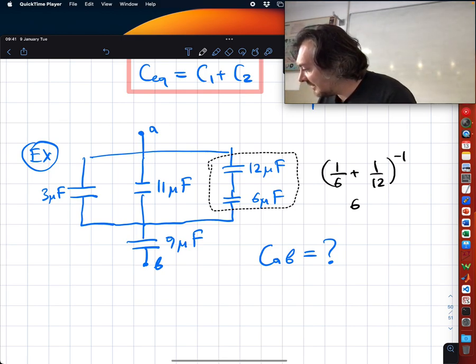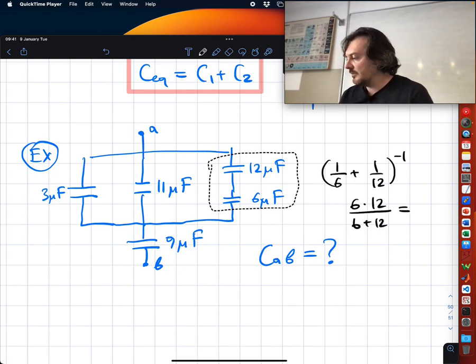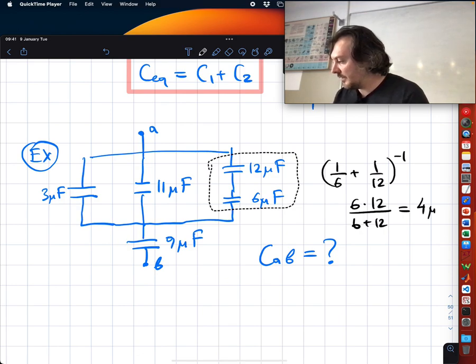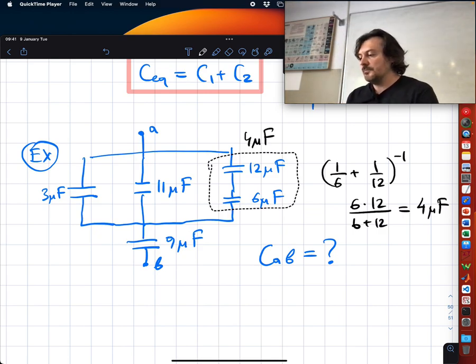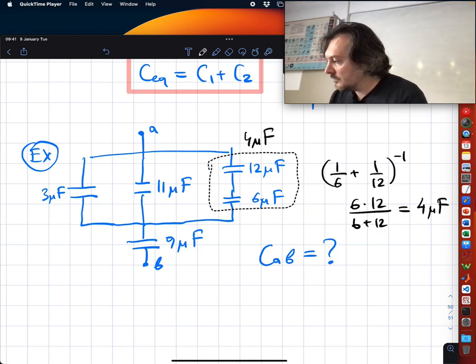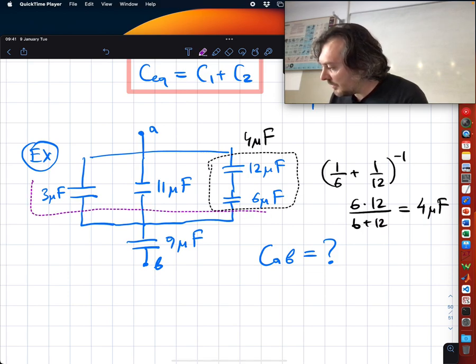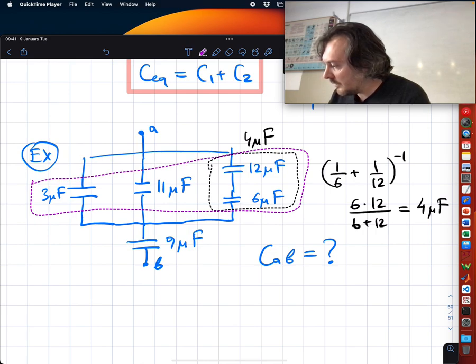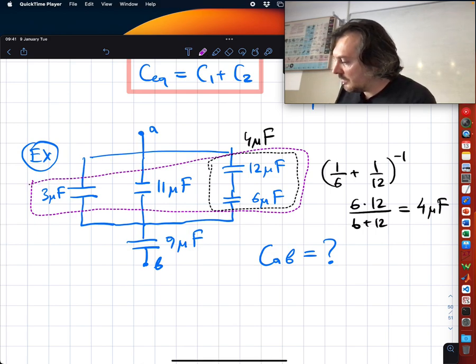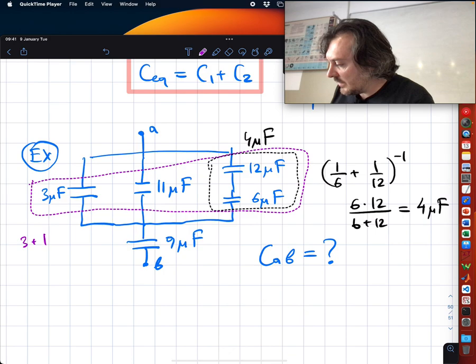Nice. 6 times 12 over 6 plus 12 equals to what? 4 microfarad. So let me write down 4 microfarad here. Then what do we do? Now I sum the parallel ones, which are these ones. And what do you get? 18 microfarads. 3 plus 11 plus 4 is 18 microfarads.